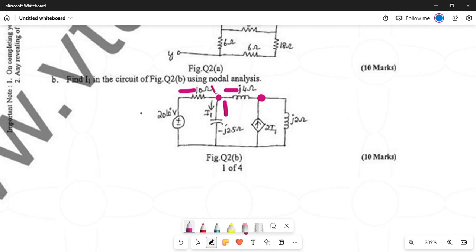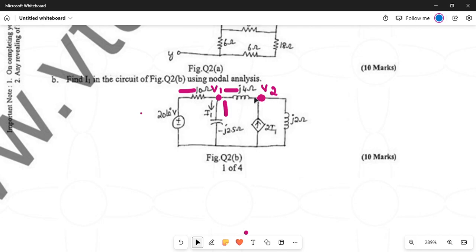So V1, and now V2. So what is my V2? Why is it V2? Because here the J4 ohm, here this is the 2I current, and this is the J2 ohm, all are connected at one point.